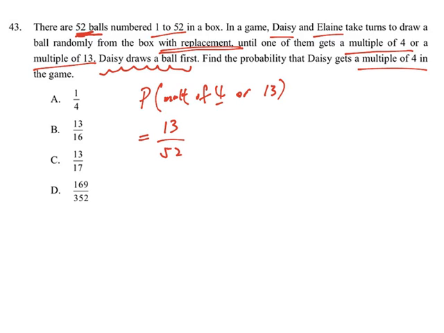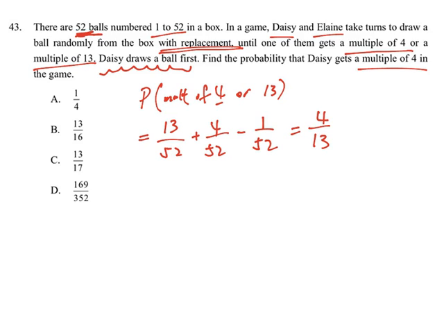For 13, 52 divided by 13 is 4, so there are 4 cases. Because one case overlaps, a multiple of both 4 and 13, we minus 1. So we get 16 over 52, which is 4 over 13, for getting a multiple of 4 or 13.